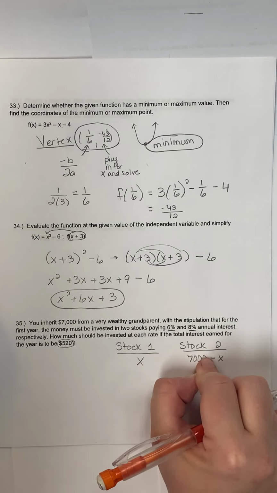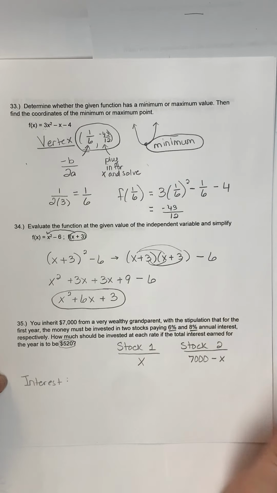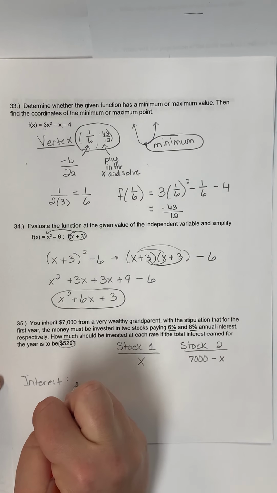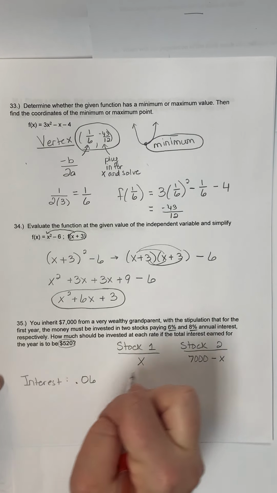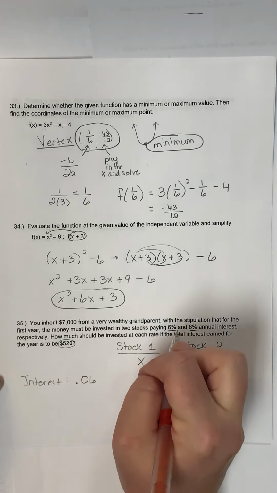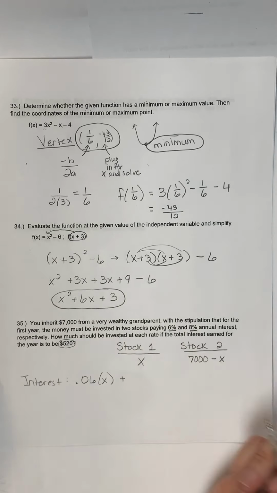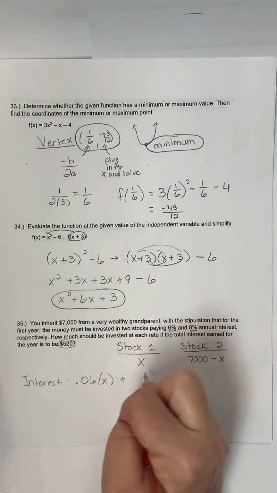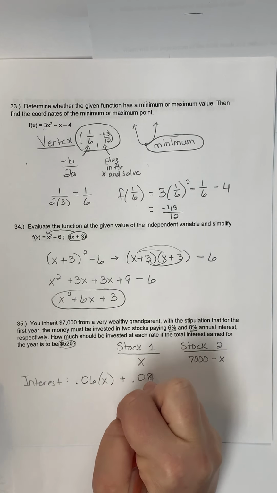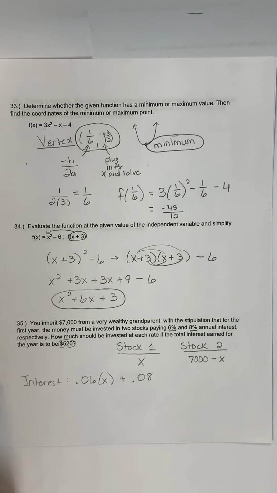Okay, now let's make an equation using what we know about the interest. We're going to have to change these to decimals. We know that stock 1 pays 6% and we put in an X amount of money. Then we know stock 2 earns 8% and we put in this amount of money.